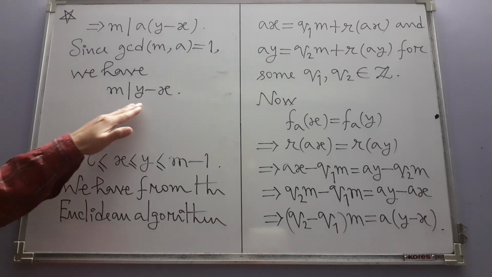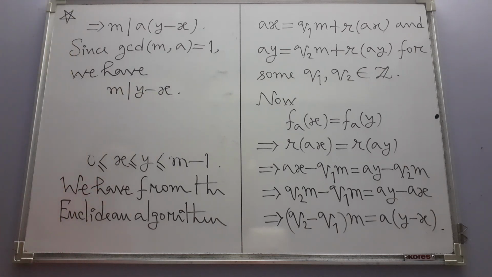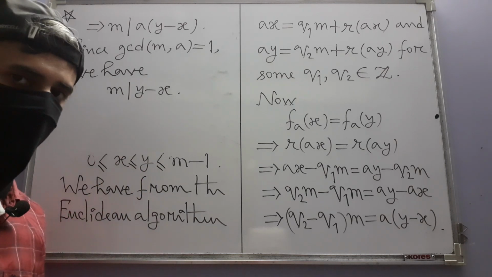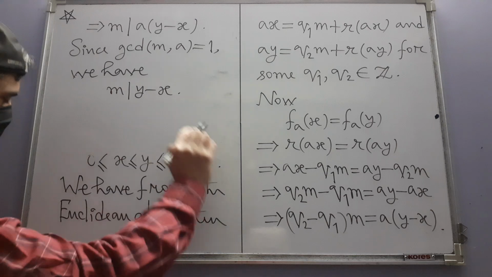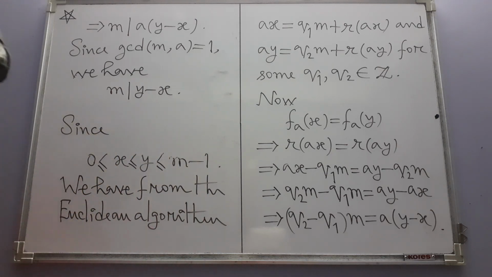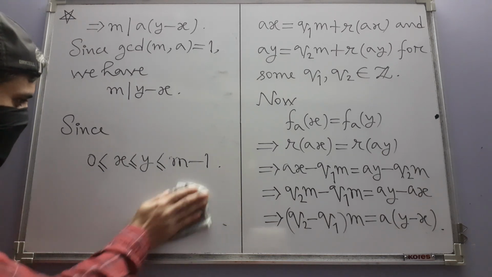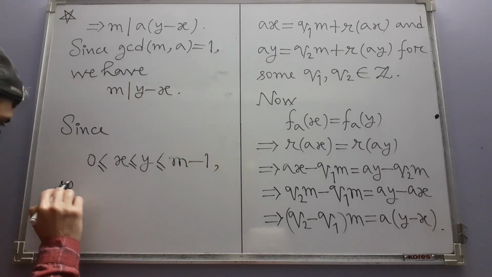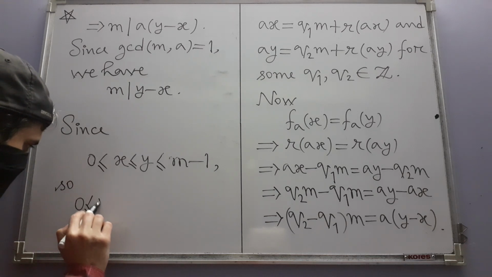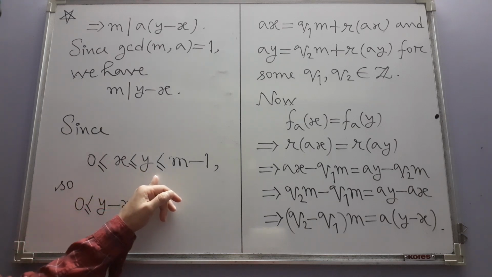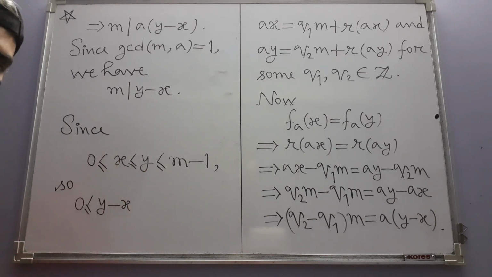Now let us see what type of number y minus x is. From this inequality, we immediately see that y minus x is non-negative. In fact, I can start from here itself. Everything is falling in place so nicely today. Since we have this, y minus x is non-negative because you can subtract x from both sides of this middle inequality.